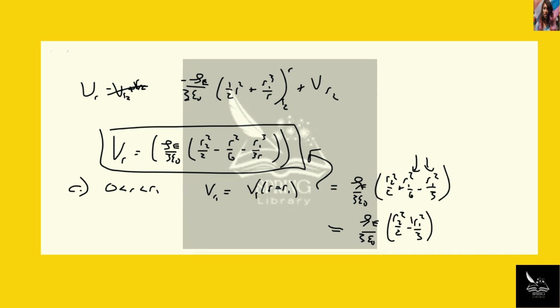Cool. If we simplify this out, we get rho E over 2 epsilon naught, R2 squared minus R1 squared. This is V of R1. Awesome. We made it to the end barely.